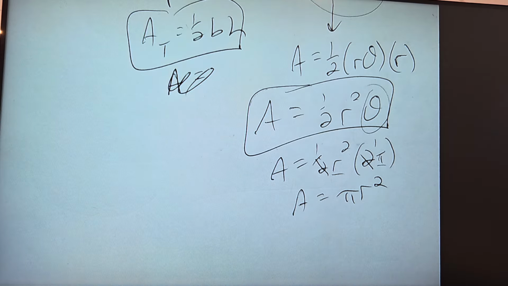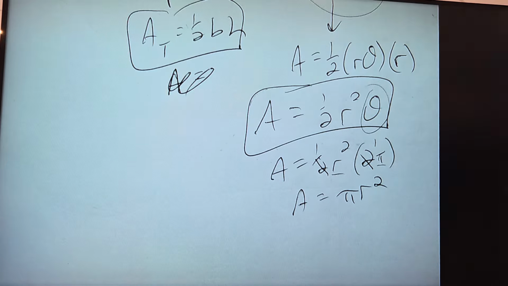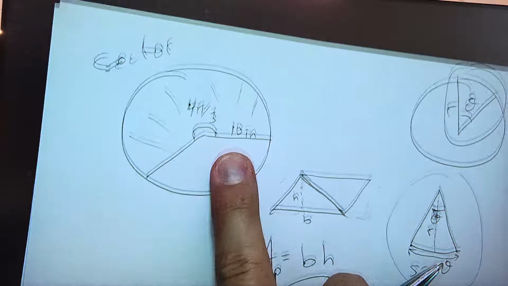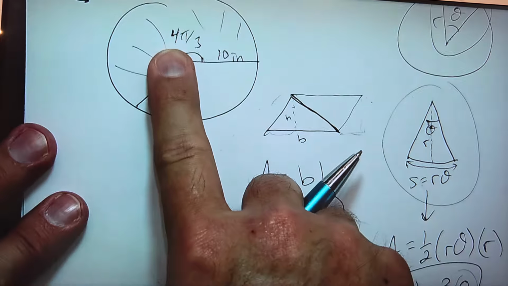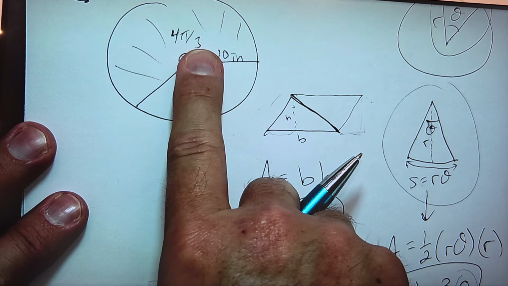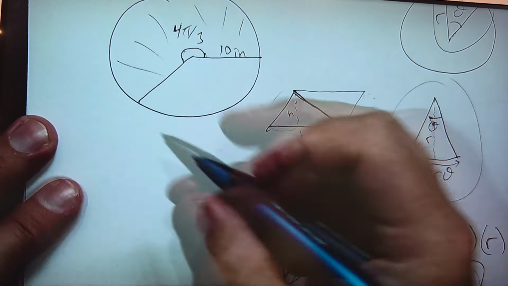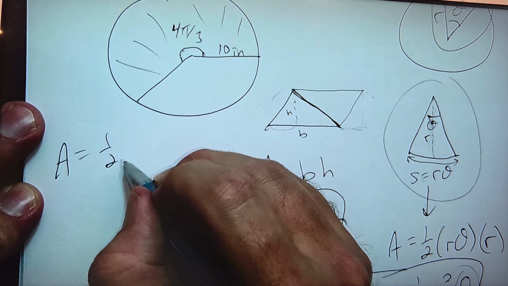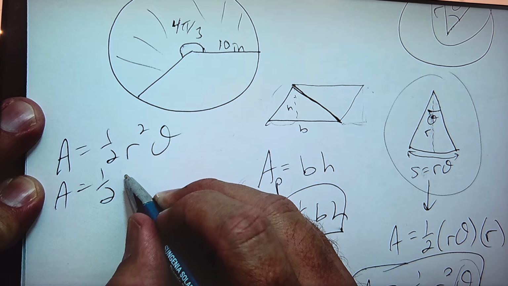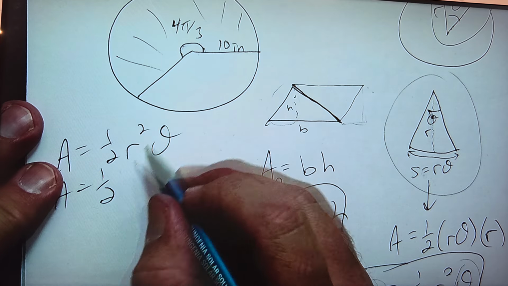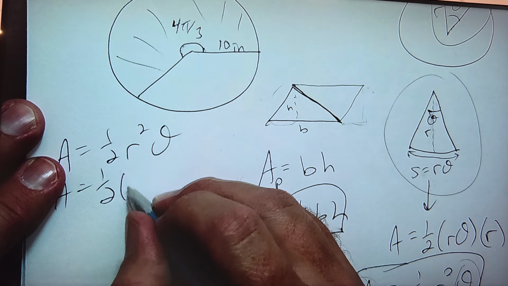And if I plug in a smaller measure, like what I have in that problem up here, is my angle good to use? Why? It's in radians. So area is 1/2 r squared theta. What's r? 10.